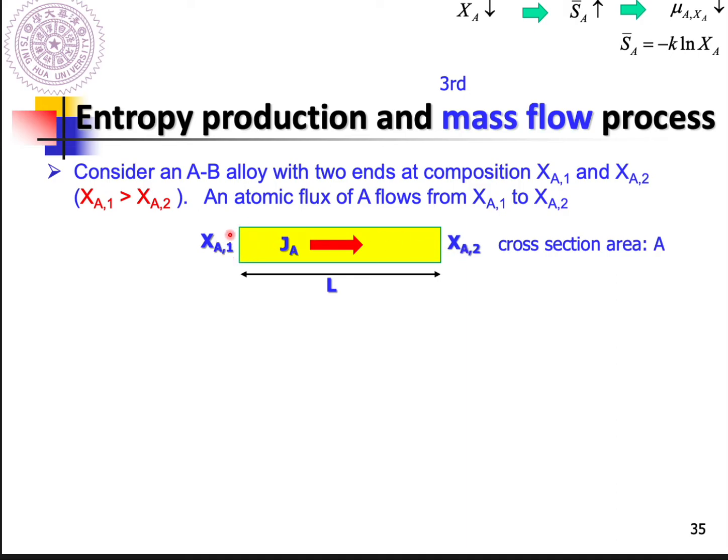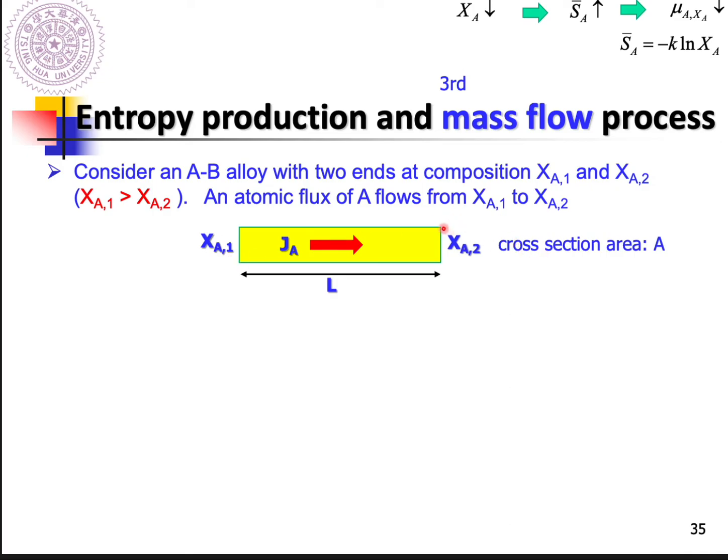That means more A atoms are located at this end compared to this end. So based on your knowledge, you know there's definitely atomic flux from location 1 to location 2, because here we have more atom A, right?